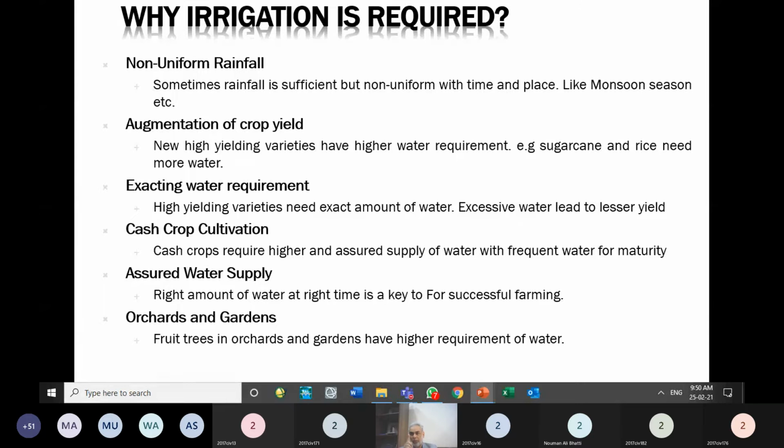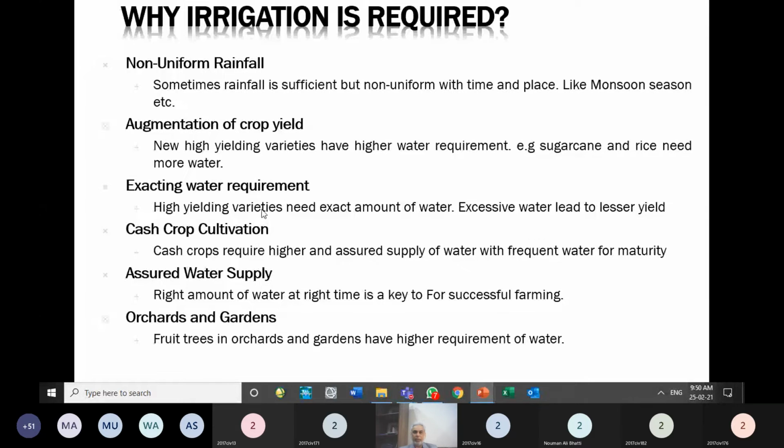If I provide 1 cubic meter of water and get more output, then I am getting better efficiency. So we use a slogan for this: more crop per drop. Agriculture and irrigation people use it and try to enhance the efficiency.